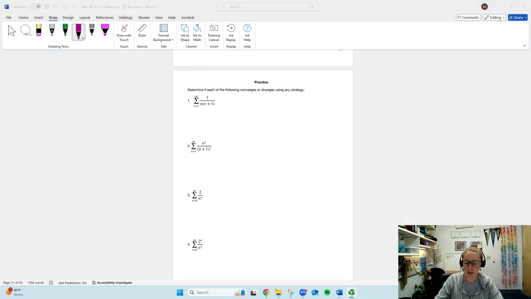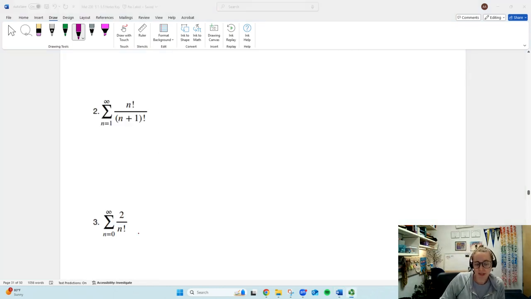Okay, so for your practice, which remember will be written homework that you're turning in, your hint: there are actually 2 convergent and 2 divergent right here on this page. My other hint, especially on number 2, is this: if I was writing 5 factorial, that would be 5 times 4 times 3 times 2 times 1.